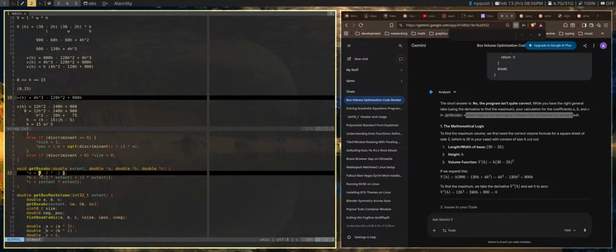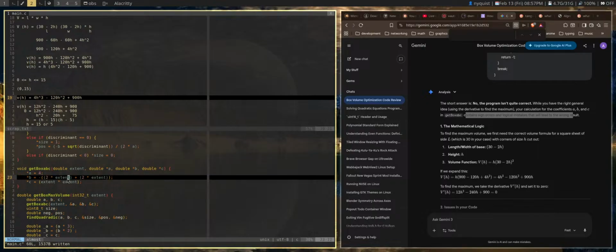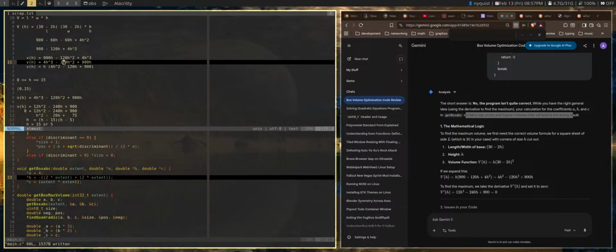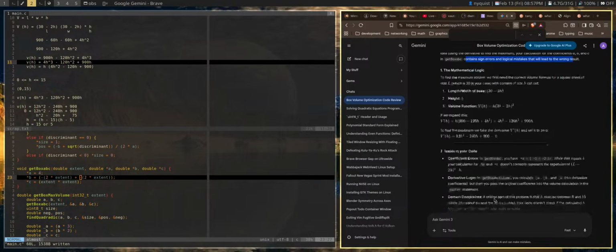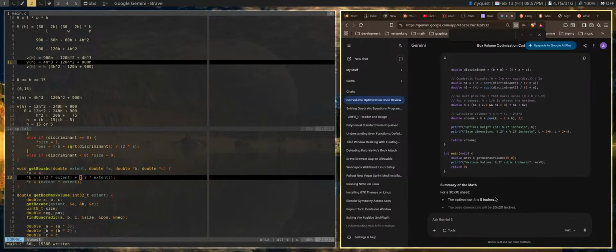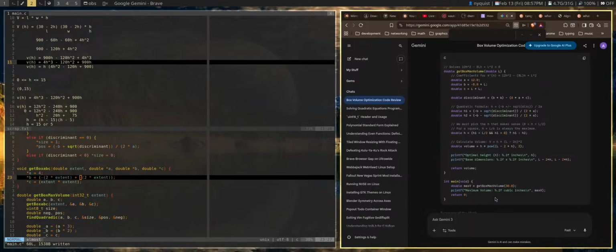This will always be 4, so I can just set this to 4. Simplify this. What can I do for this? We already know that B needs to be 120, so... It took so much crap out.